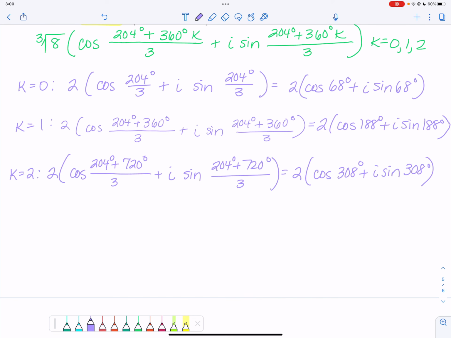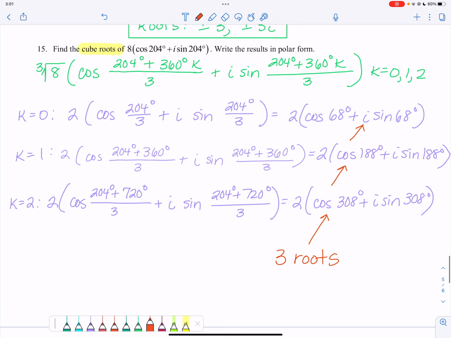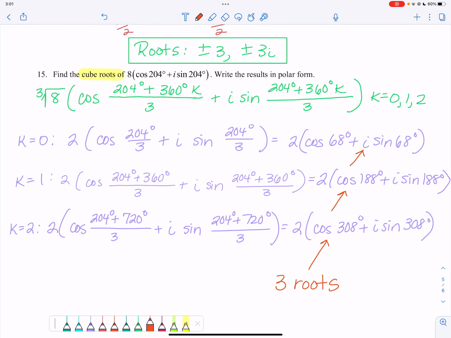And these are our 3 roots. Okay, and that concludes this section.